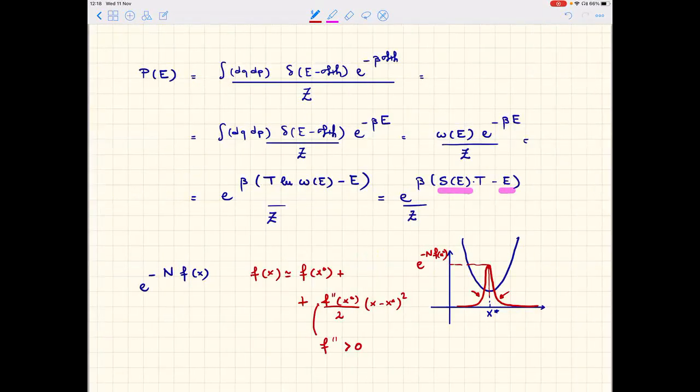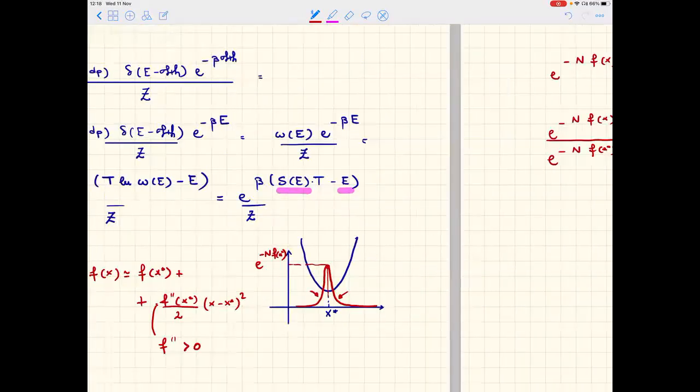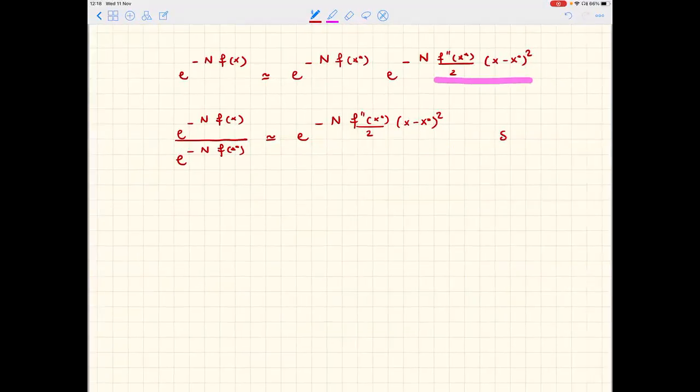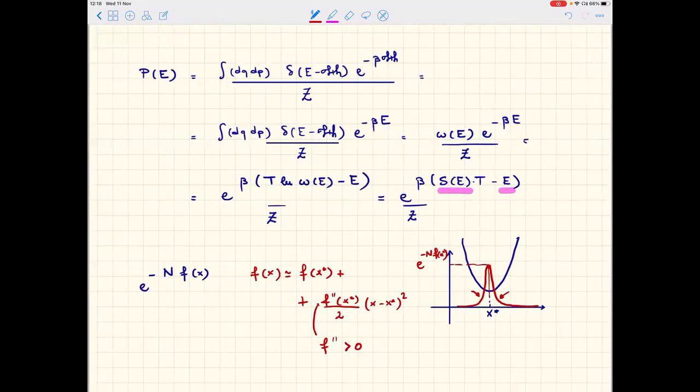Now, this is, by the way, the basis of a method that you use to estimate integrals called the saddle point method. We will be using it later on. All this logic is the basis of this saddle point method. So now, what I wanted to say is the following.